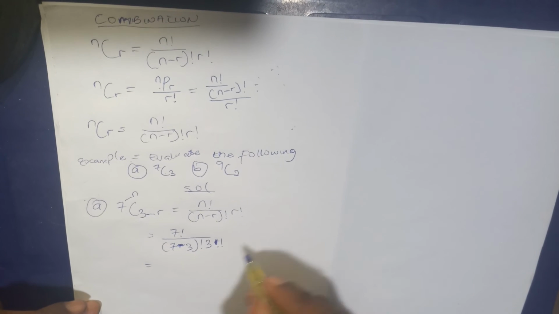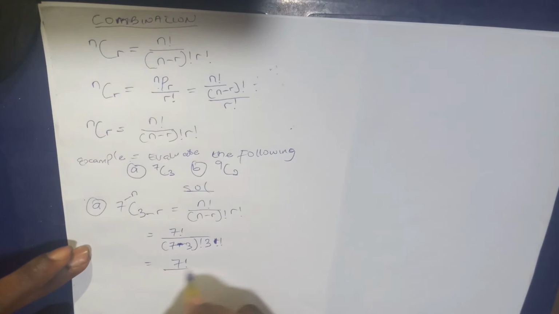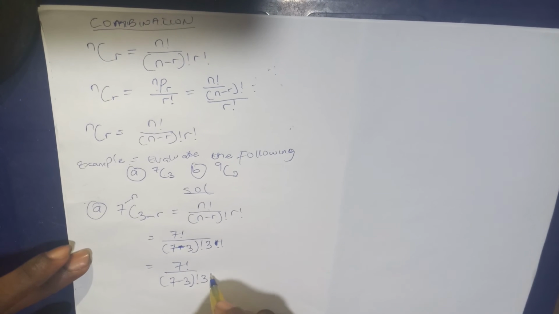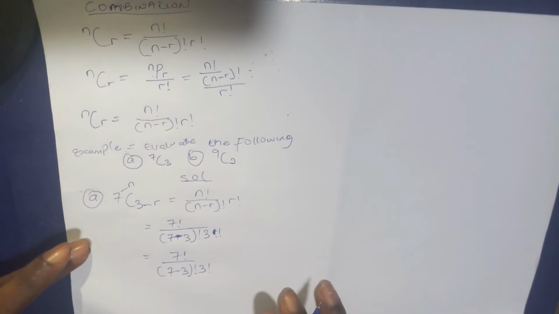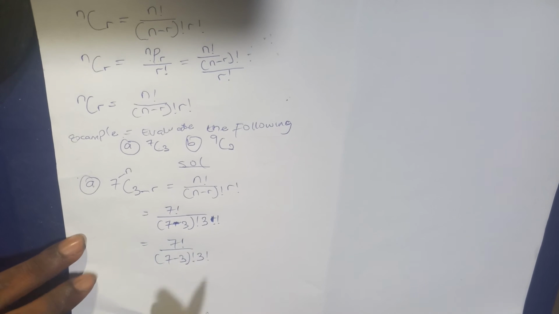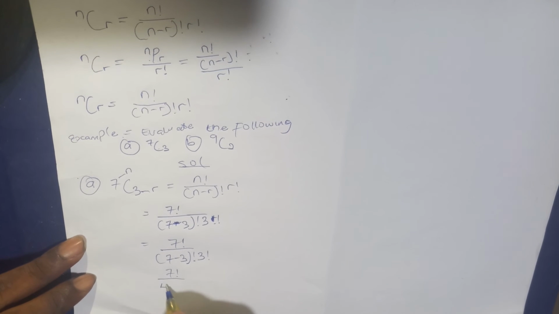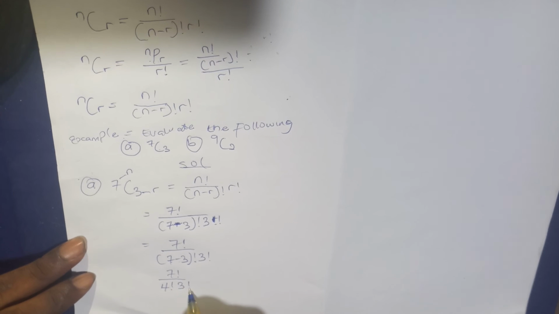Now solving this, this will give us 7 factorial divided by 4, which is 7 minus 3, factorial, 3 factorial.